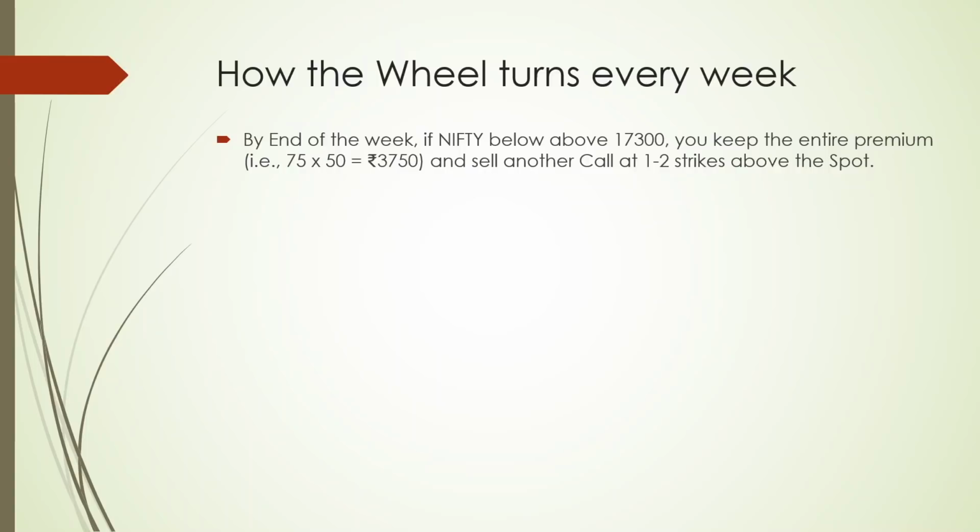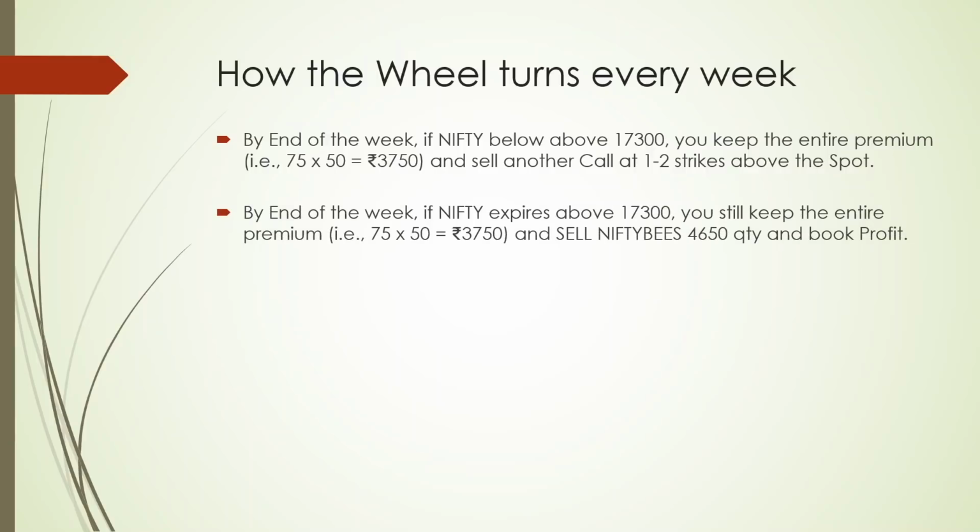Round strikes. If the Nifty expires above 17,300, you sold when the index was at 17,200. So say Nifty went back to 17,400, how much did you lose? You lost 100 points, because you sold at 17,300 and now the Nifty is 17,400. So your call is 100 points in the money, but you have already collected 75 rupees, so you are going to give back only 25 rupees.